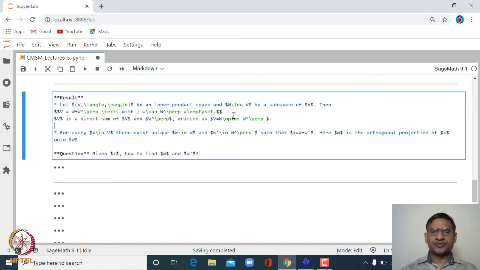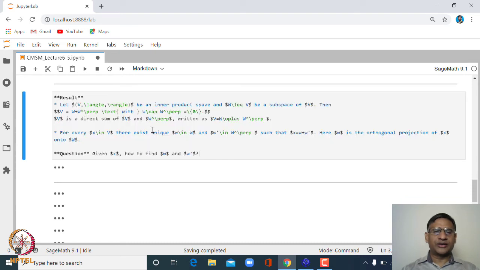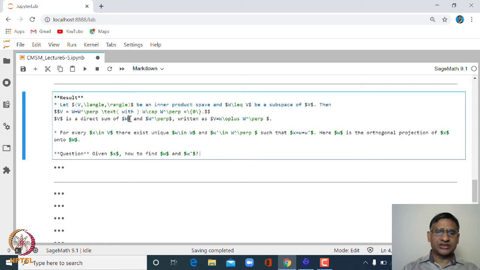Let me call this the singleton 0. This is the 0 subspace, only 0 can be in both. This again is quite easy to check, and one can show that V is the sum of W plus W perp, and not only that, since this intersection is the 0 space, this is known as a direct sum. So V is the direct sum of W and W perp. That is the result.